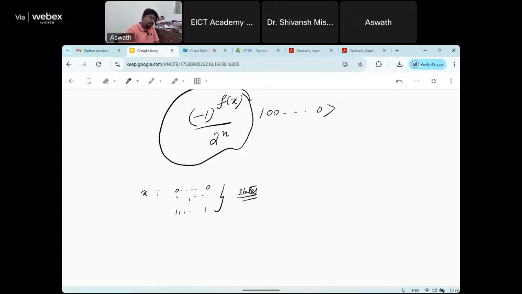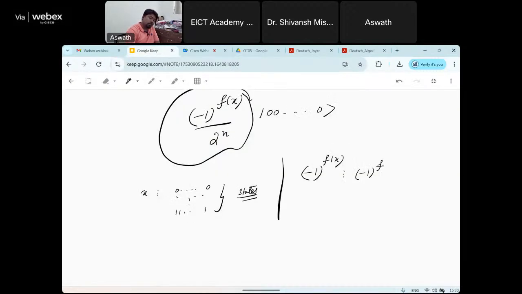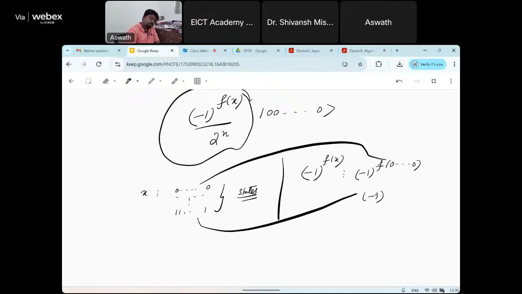When I say minus 1 to the power of f of x, it means minus 1 to the power of f of 0, minus 1 to the power of f of zeros. So when x takes this form, all zeros. When x takes this form, minus 1 to the power of f of 1 1 1 1. This is what I have.